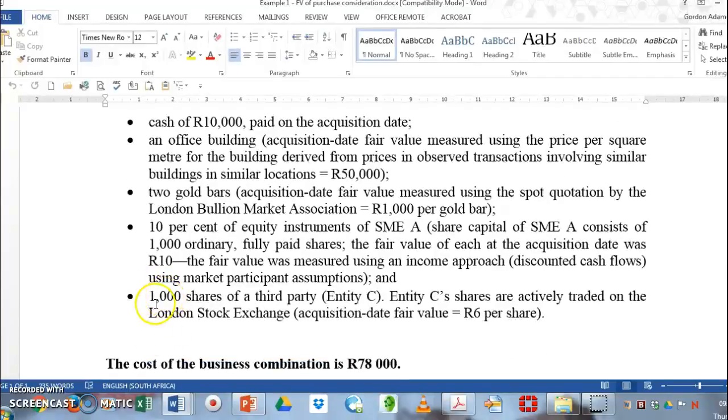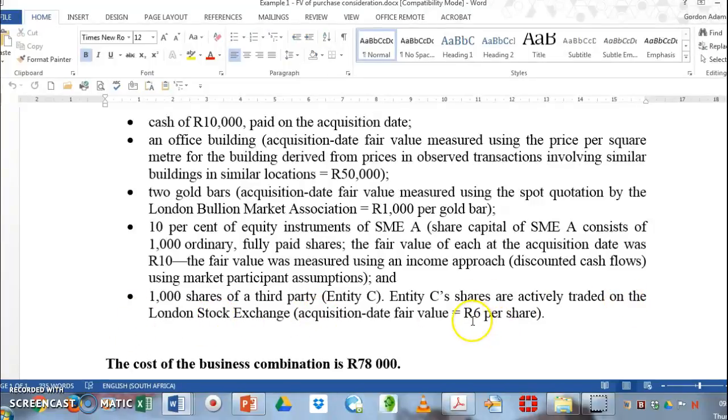The last item, 1,000 shares in a third party entity C. So these are shares that SMEA has in entity C. Entity C's shares are actively traded on the London Stock Exchange.